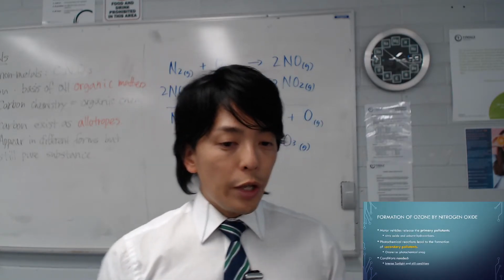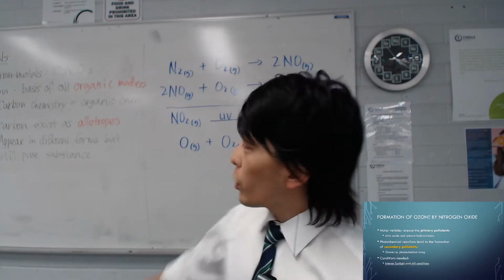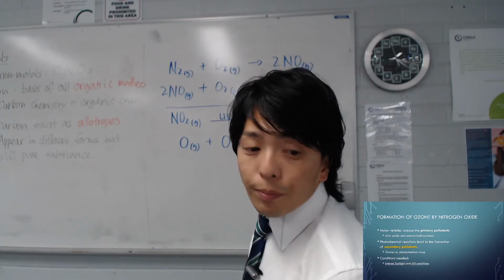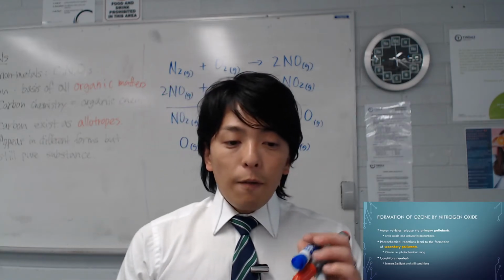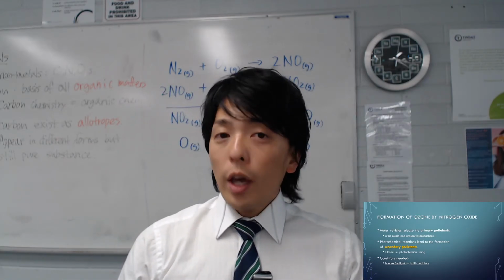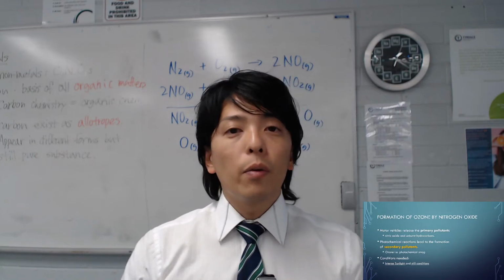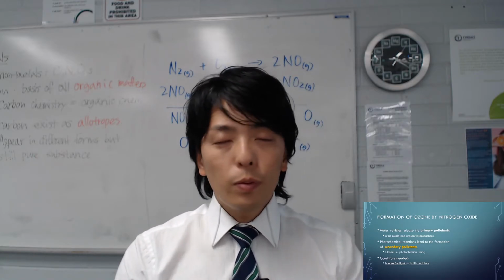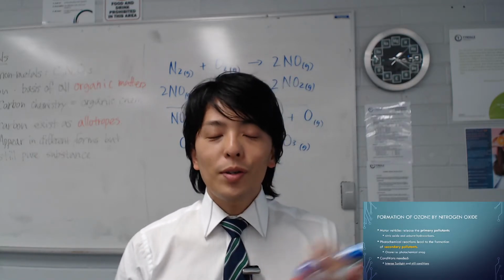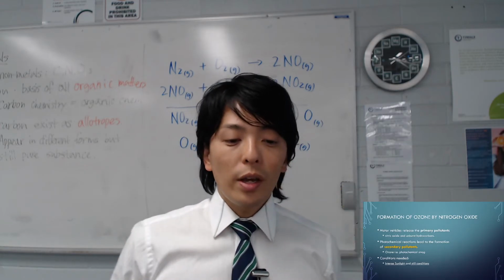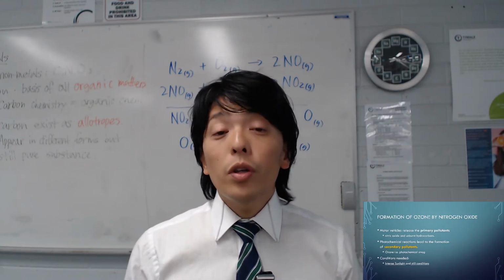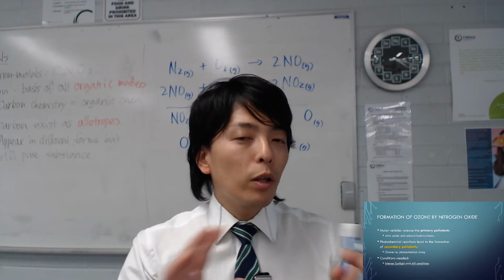Motor vehicles release the primary pollutants, which are these two. And photochemical reactions can occur on them if there was a lot of them, and also sunlight was there and it's intense and the conditions were still, as in no movement of molecules.